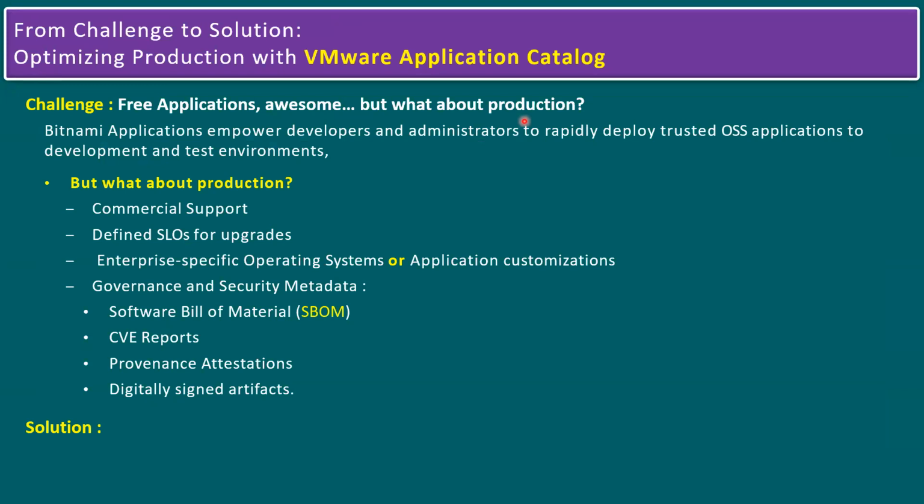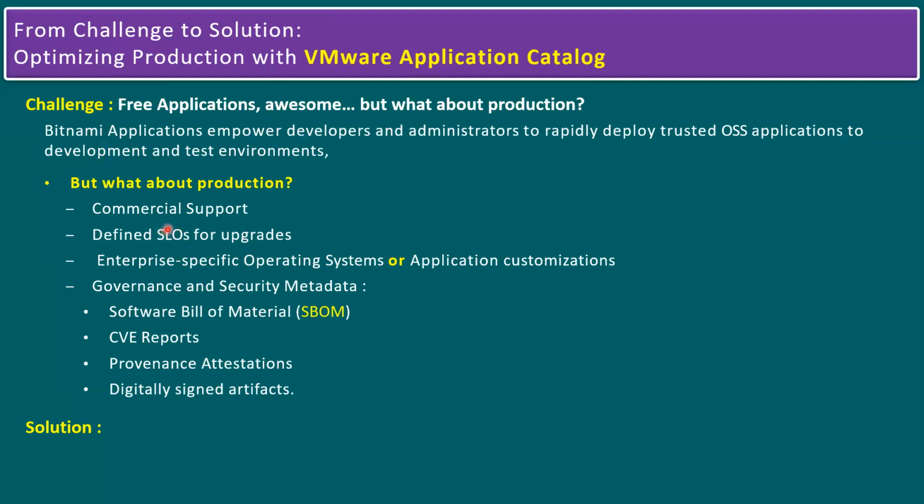But what about production? In most customer environments, when we go from a free application to a production environment, we need enterprise support. Bitnami applications empower developers and administrators to rapidly deploy trusted OSS applications to development and test environments. But what about production?